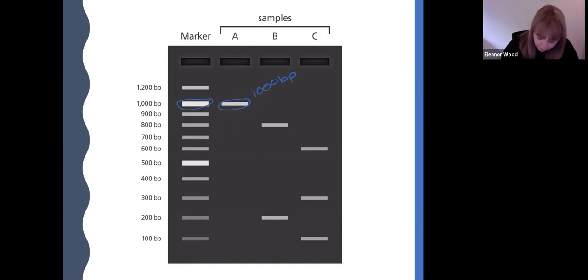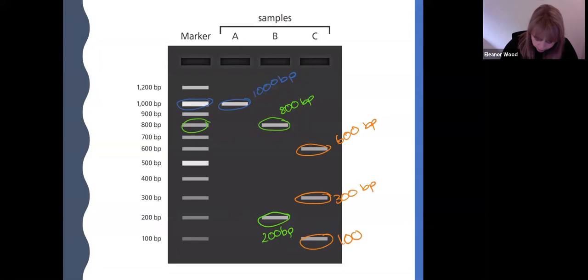In sample B, we can see that it's got one band here. It's going to be at 800 base pairs. And another band here, it's going to be at 200 base pairs. Sample C has a band here at 600 BP, a band at 300 BP, and a band at 100 BP.